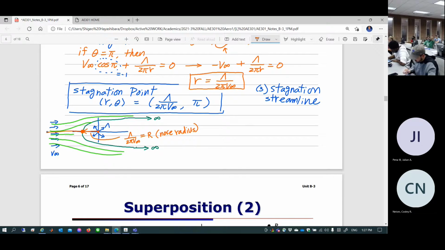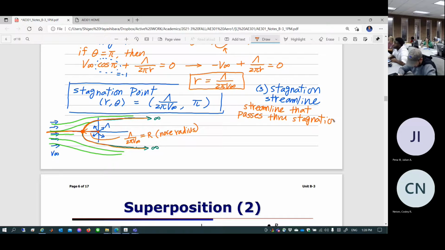After you hit the stagnation point, you divide into upper and lower surfaces and slide over this body shape. This is called the stagnation streamline. The stagnation streamline is a streamline that passes through the stagnation point.